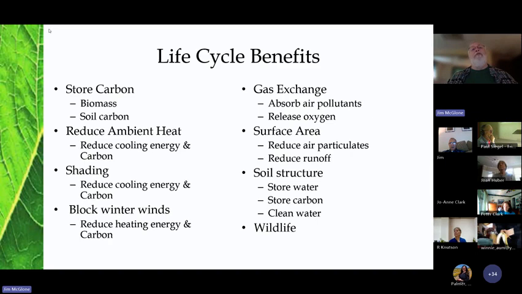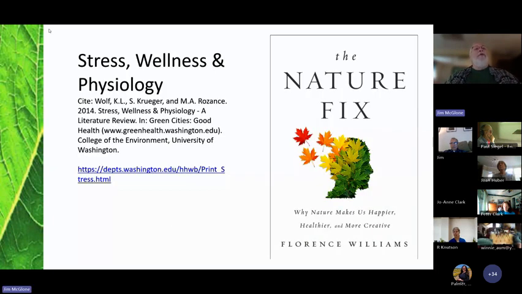But there are a lot of benefits we get from trees that only occur because we interact with trees. Back in 2014, Kathleen Wolf and a couple of other researchers published an overview of about 50 years of study of how trees interact with people and their effect on stress, wellness, and physiology.